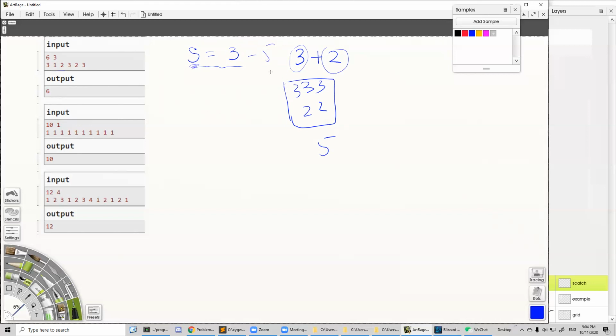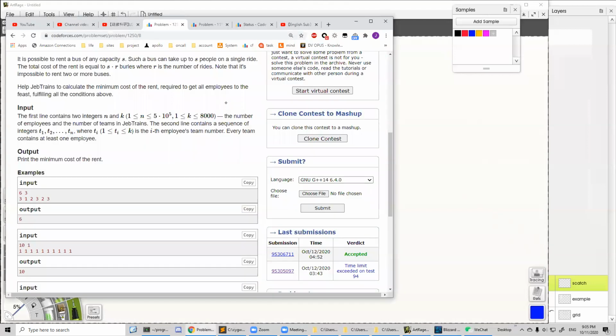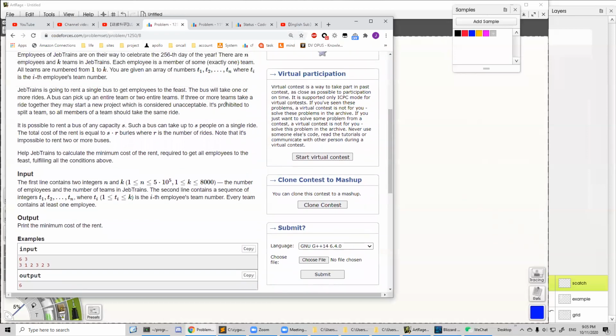So this range is not so big. Let's take a look at the problem constraints here.